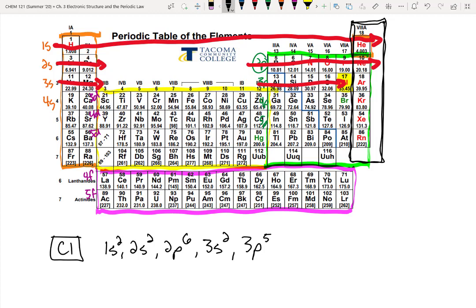And what we can say is, let's just pretend like we're at neon. Okay, so over here, when we pass through this row, we also pass through the element neon before we got to chlorine, right? And neon, if we think about it, was basically this chemical configuration, meaning this orbital filling that I've got highlighted or boxed in red would represent neon.